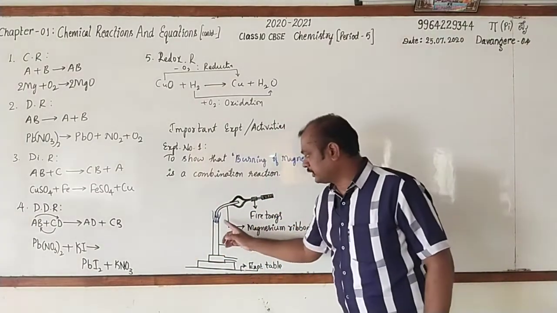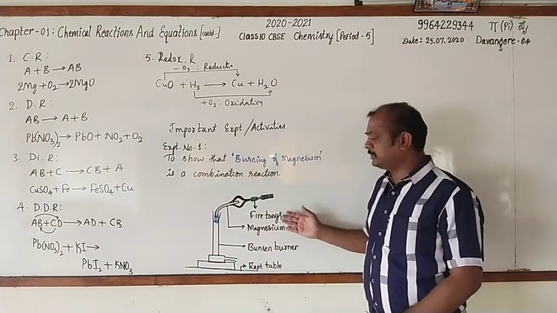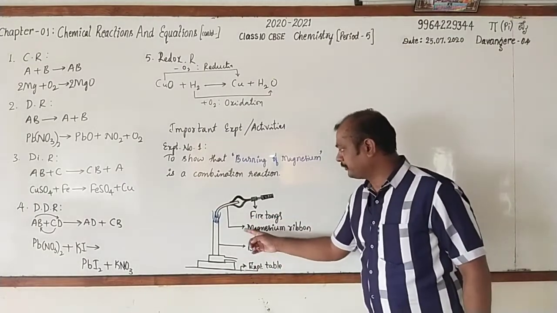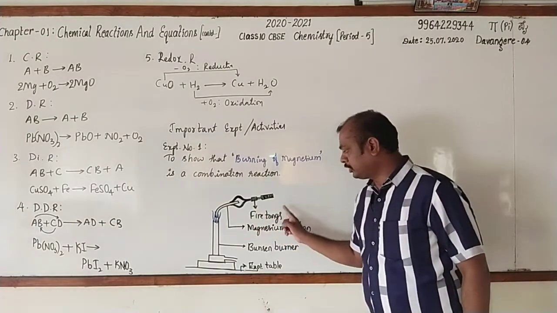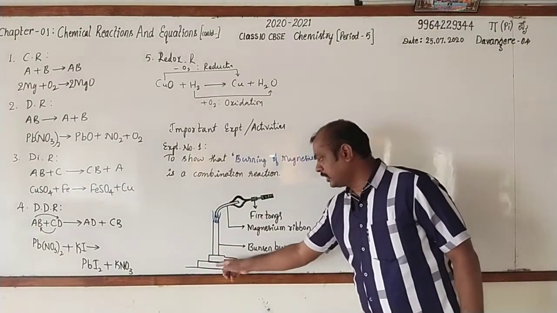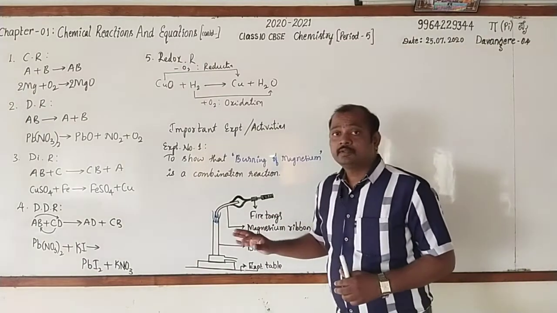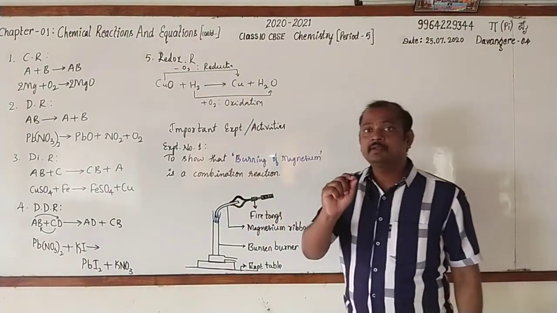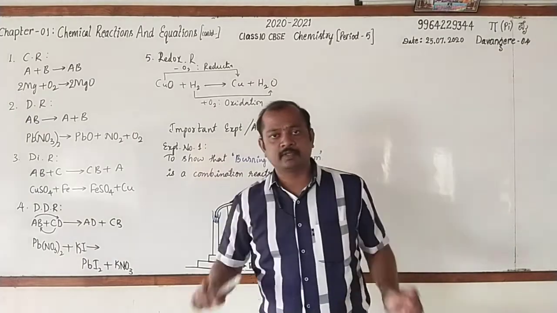reaction. Observe it. Here we need some materials and all these materials are arranged in this way, as has been shown in the figure. So we have the magnesium ribbon, then fire tongs, and this is the Bunsen burner, and it is kept on the experiment table. Clear? Then let's move on to the procedure. First you have to take a strip of magnesium ribbon and wipe it with sandpaper.